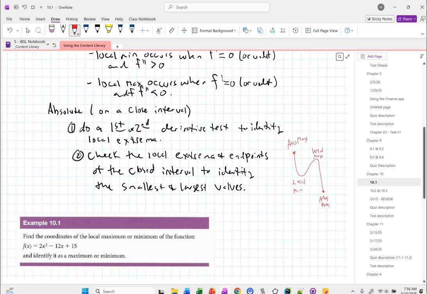Right, where the extrema, the local mins and max, may not be the absolute min and max. I also have to check the endpoints, right? If it's on a closed interval, I have a hard endpoint, which could be the highest or lowest point in the graph, so I have to check those also. But that's the only additional concern if I have a closed interval.